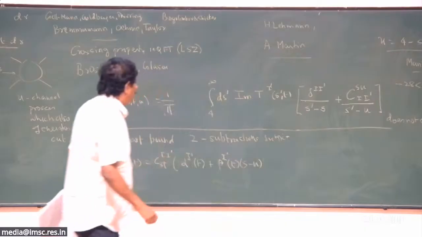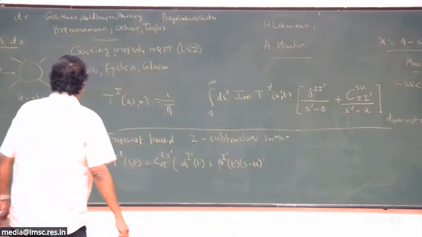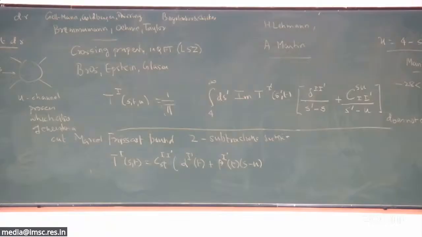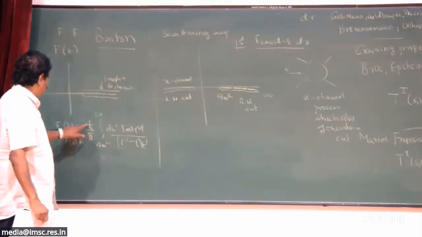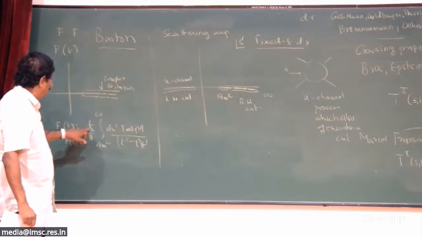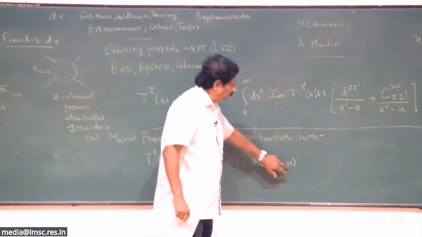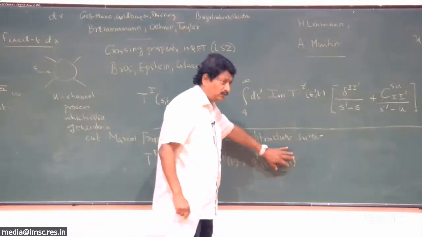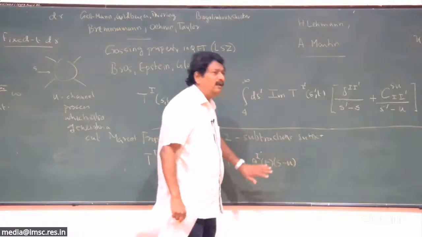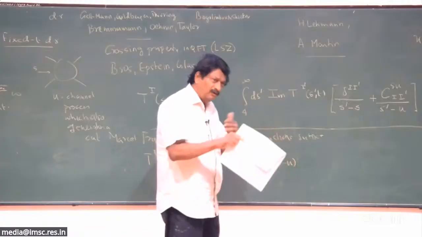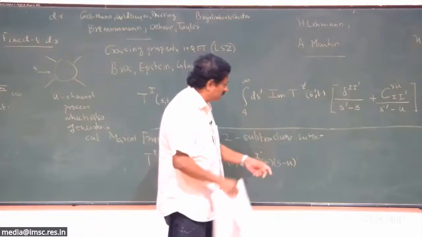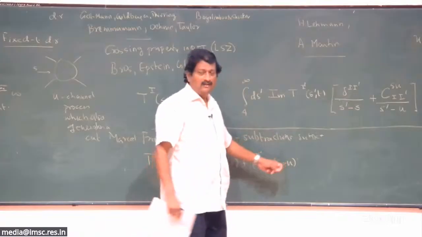Okay. It has to be, because I have done two subtractions because of this. So this thing here had no dependence on t. The next, if I had subtracted this one more time, then I would have ended up with something that depends on t in this case. So analogously, I end up with one of the variables in which I am trying to do the dispersion relation show up. And because of the properties of the interchange under s, t, u, all these things, it is the combination s minus u.